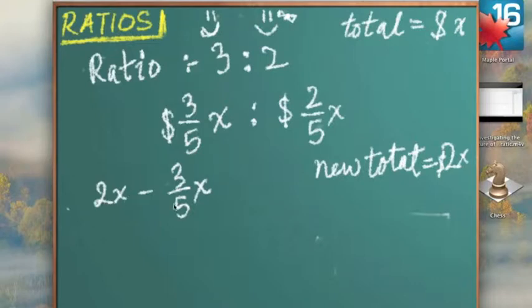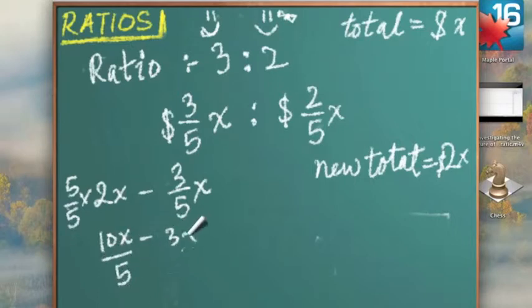Well, you could multiply this number by 5/5, because if you do that, you make the two denominators the same. So you get 10X/5 minus 3X/5, and that is 7X/5.